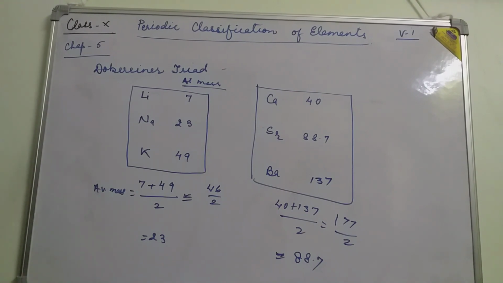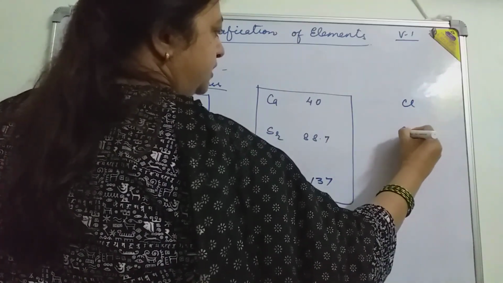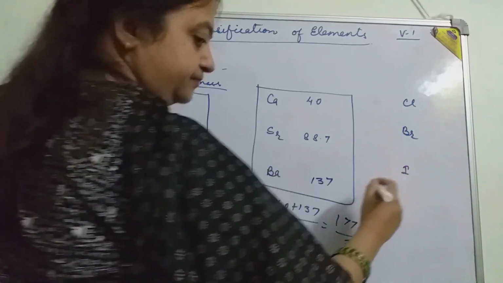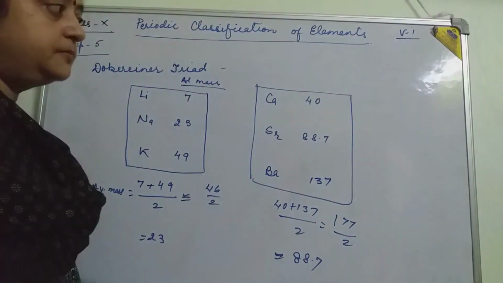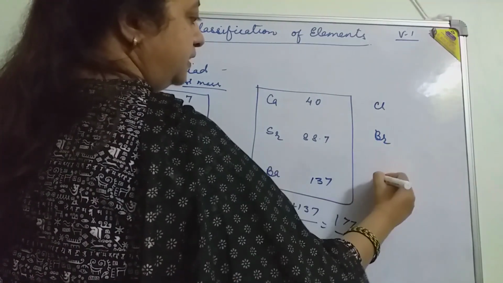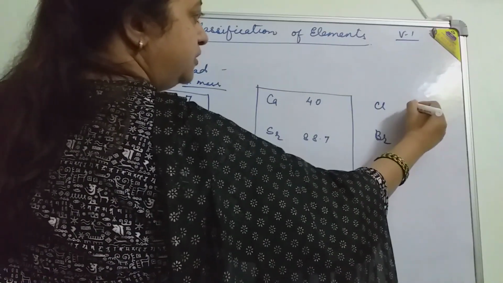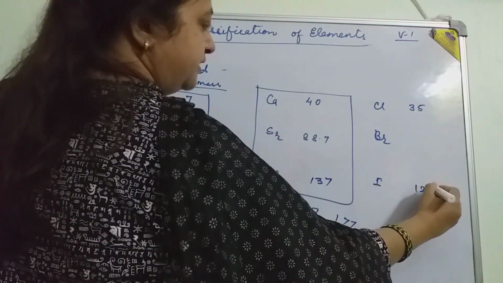The next triad is chlorine, bromine and iodine. The mass of chlorine is 35 and the mass of iodine is 127.